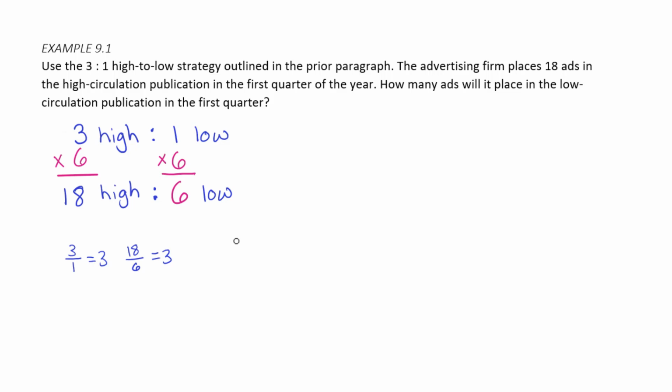Now, this check I've just done, could we do something with this to help us with calculations like the one that we just did? Because what we see in the check is that 3-to-1 equals 3, 18-to-6 also equals 3. So you see, if two things are both equal to 3, they're both equal to each other. 3-to-1 equals 18-to-6.